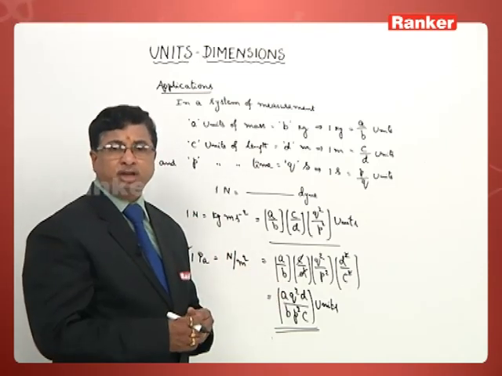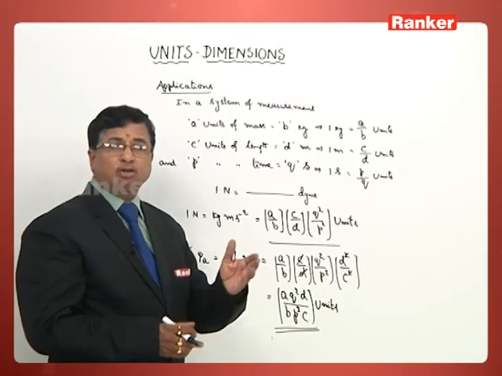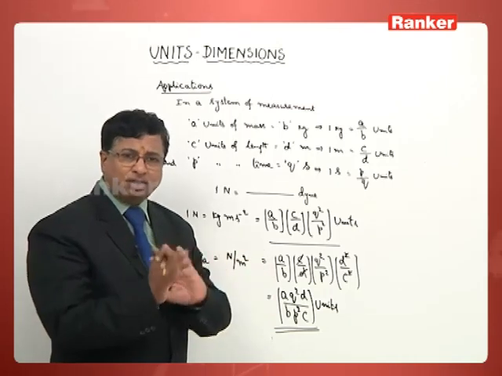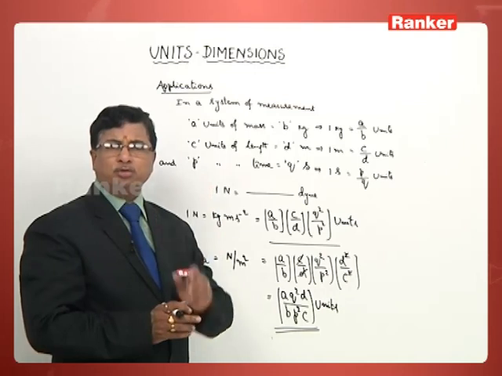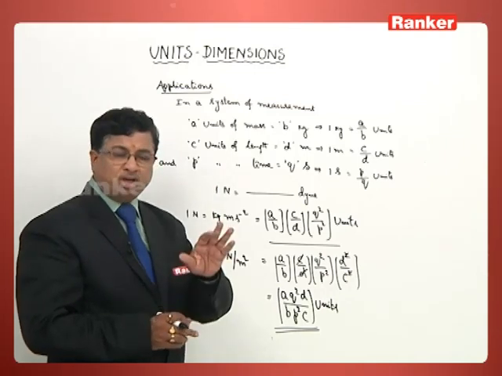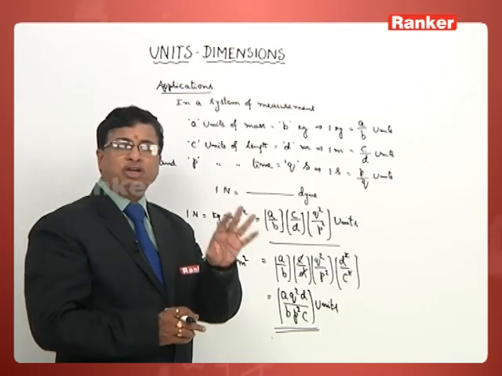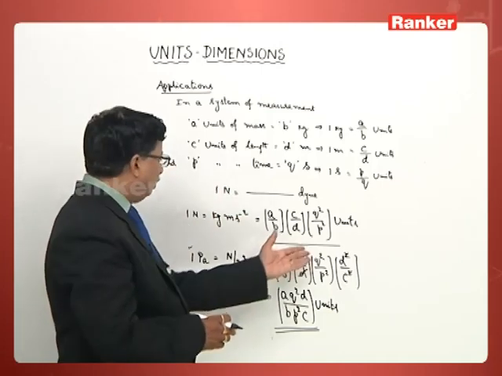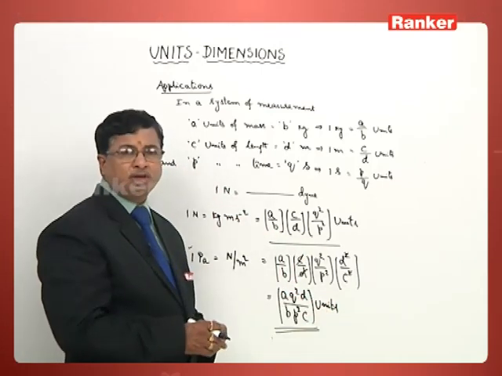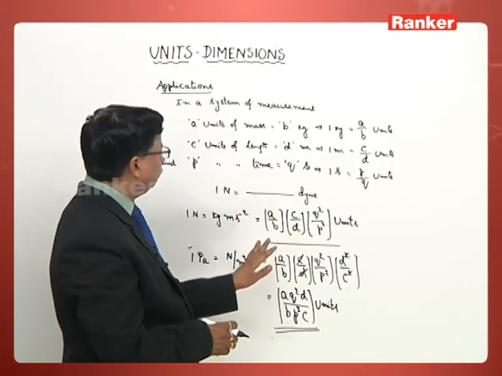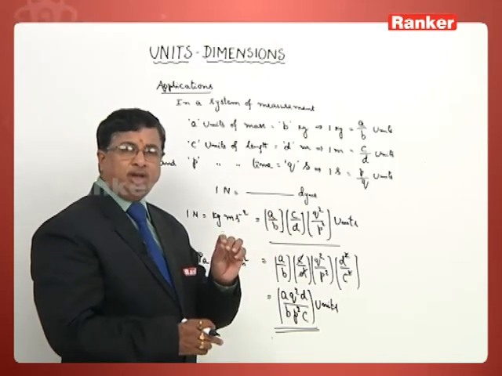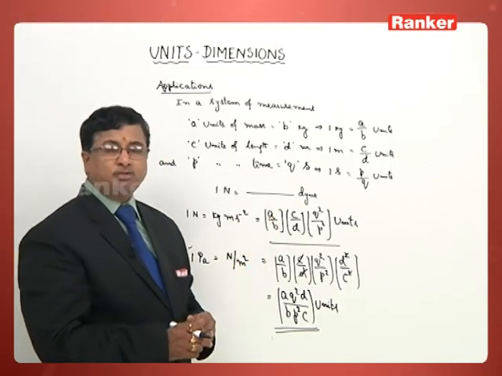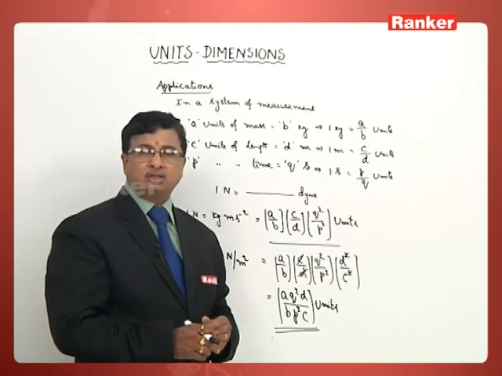Newton per meter square. What is 1 watt? It is joule per second. All these are standard conversions. If you can remember the corresponding units, conversion is a very simple issue. But this is also equally one of the very good models as far as units and dimensions are concerned.